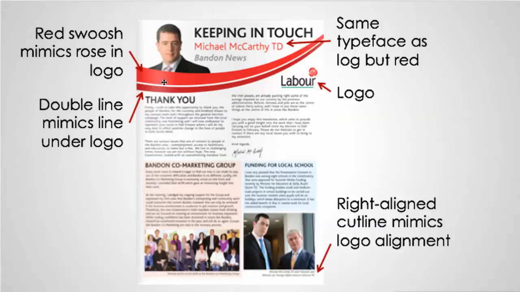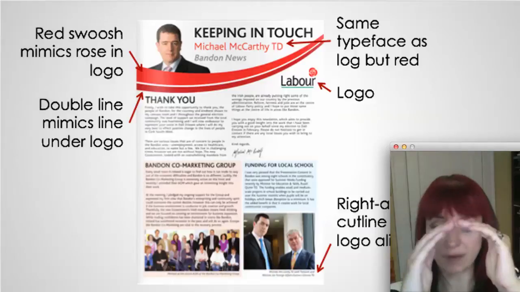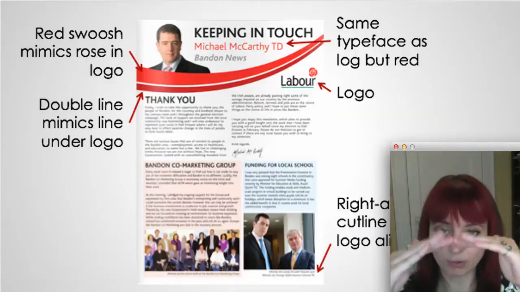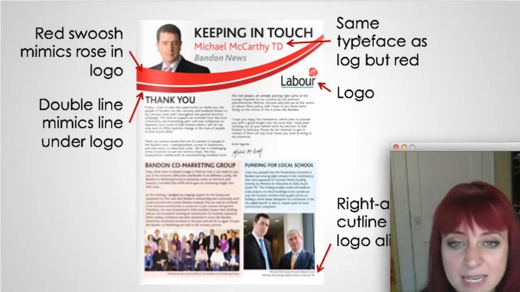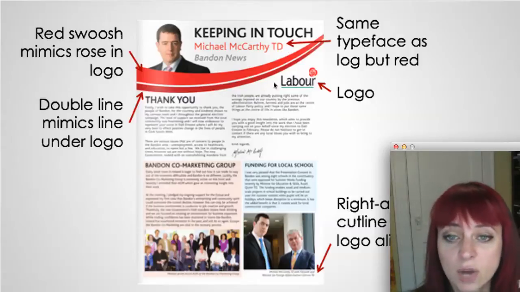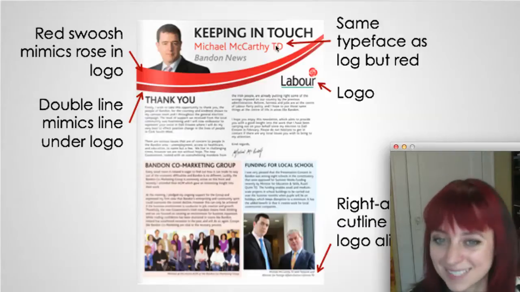So they've put this swoosh in that breaks up the flag at the top, and it's the same color as the rose in the logo, and it's also round. So a rose has rounded petals, so here you have a rounded swoosh. This Michael McCarthy TD is the same typeface as the logo, so this is the same as this, it's just red, and it uses the same red as the flower.